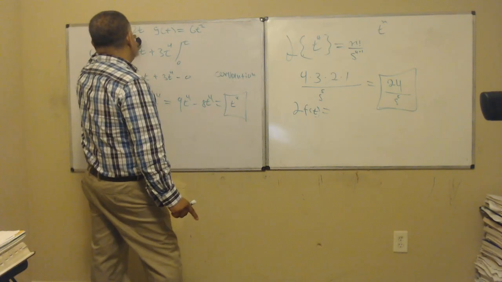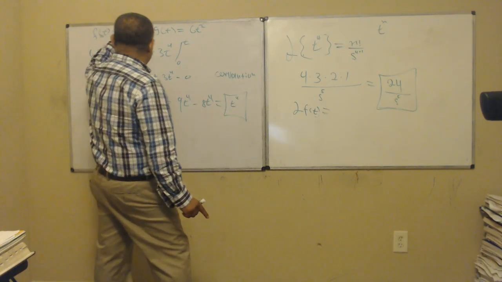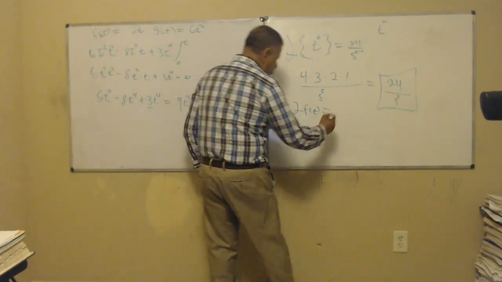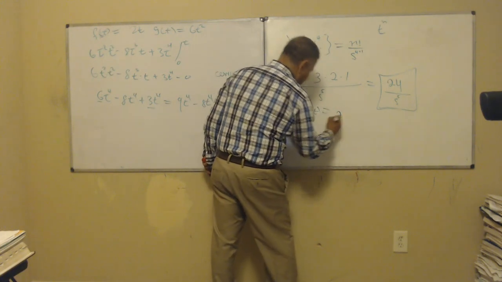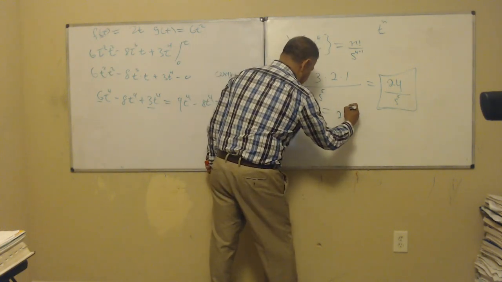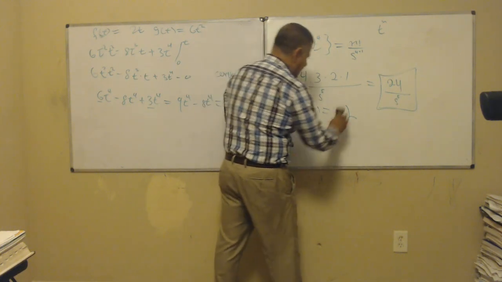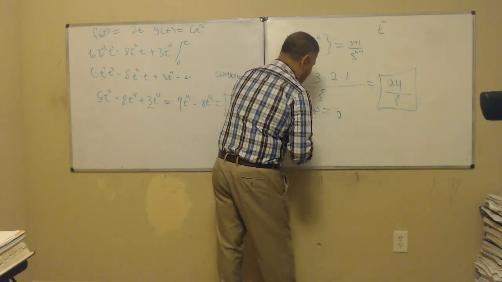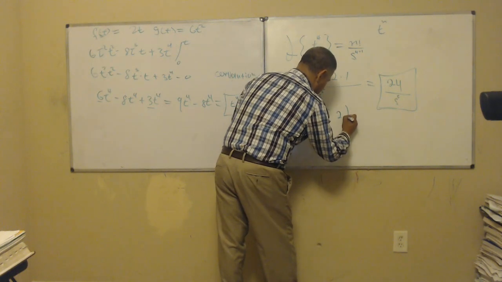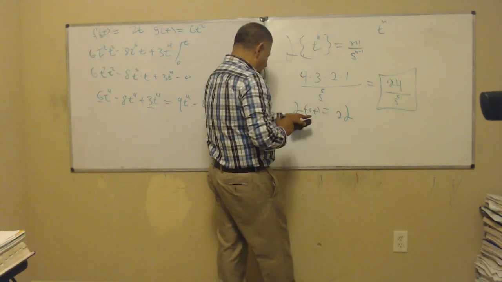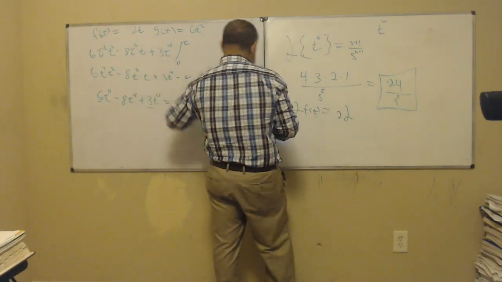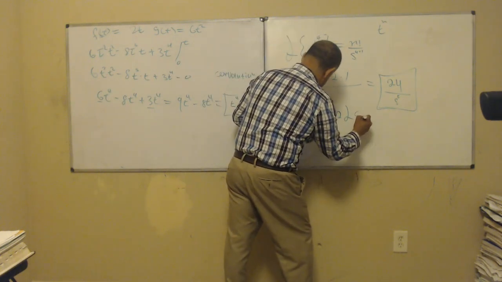But remember that I have a coefficient in front of it, so that is going to be 2, and then the Laplace transform of t inside.